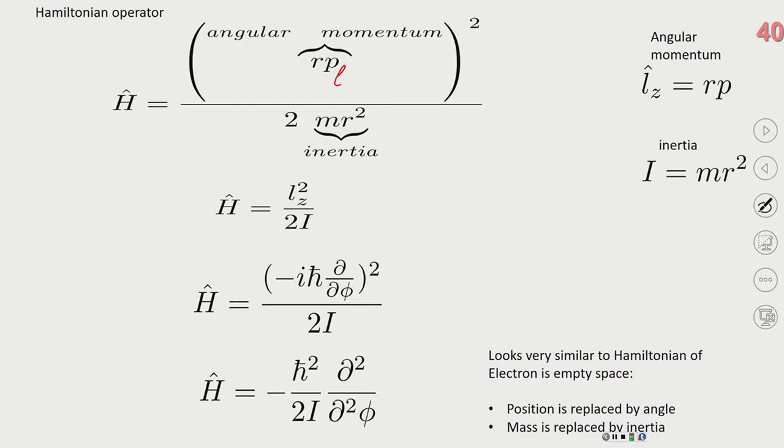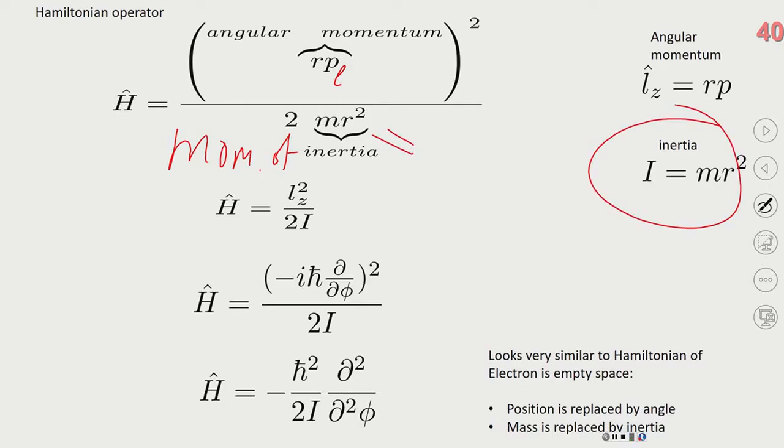So for rotational motion, there is an analog. Mass times radius squared will be a measure of inertia, and it is called moment of inertia, often defined as I equals m r squared.